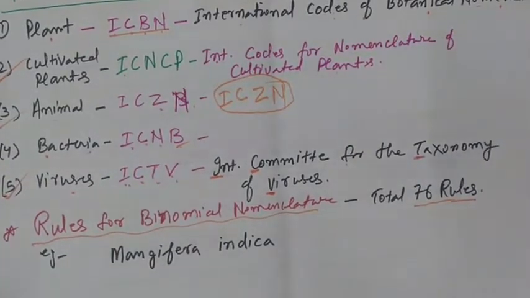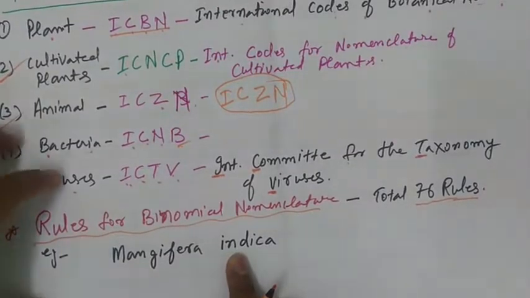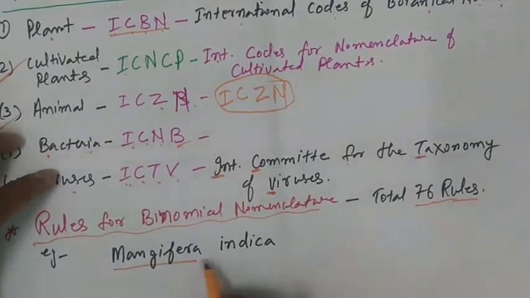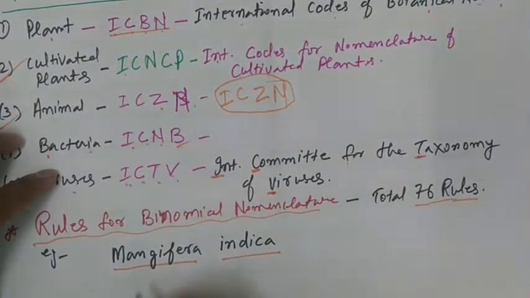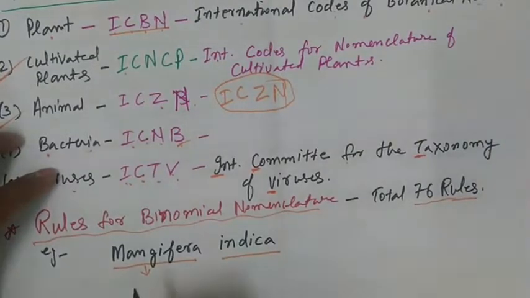In the binomial nomenclatures there are just 2 components. This is the first component and this is the second component. I am writing it in short.